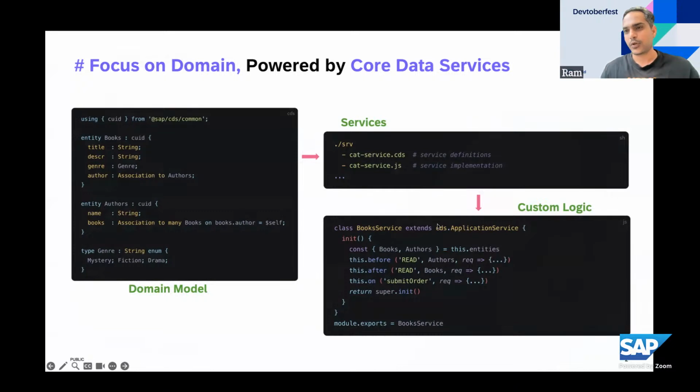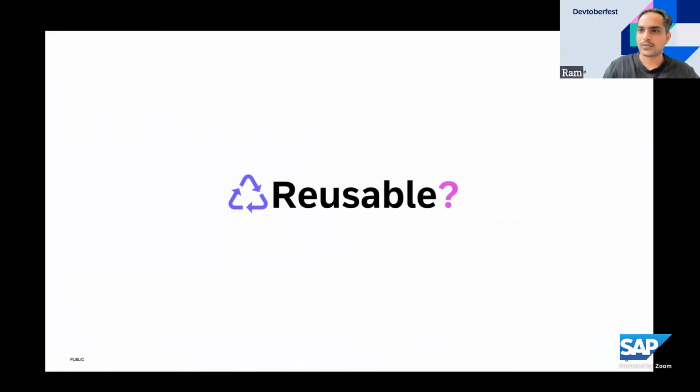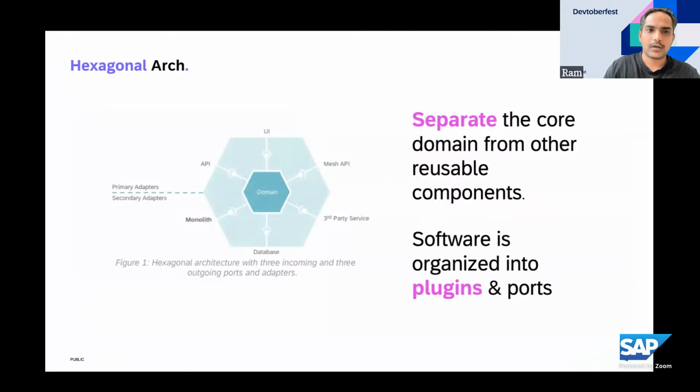But sometimes these custom logics that you're adding to your CAP application can be reused as well, so other projects can make use of the custom code that you have written. Whenever you expose these reuse modules, other applications can just plug and play whenever they are required.